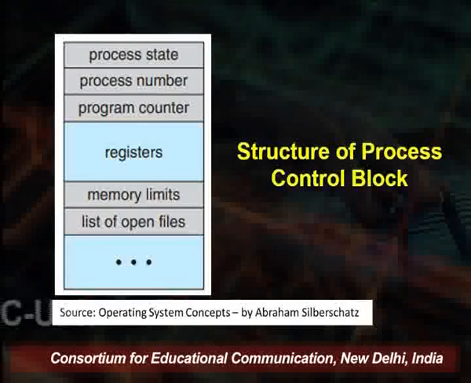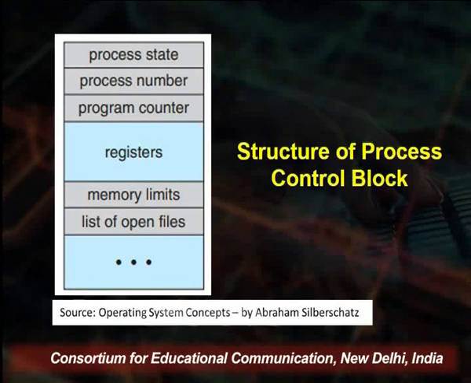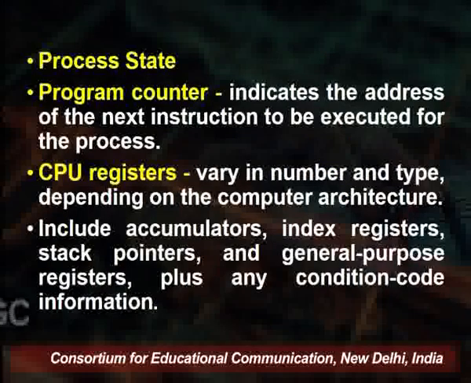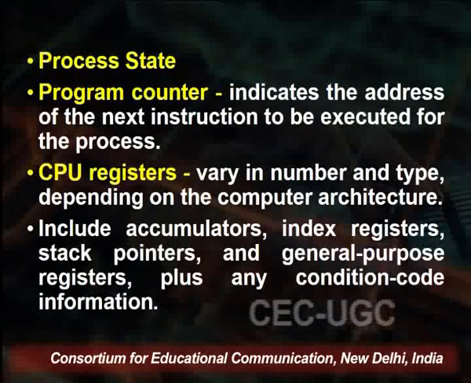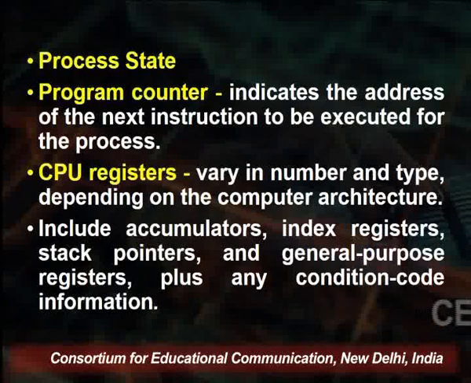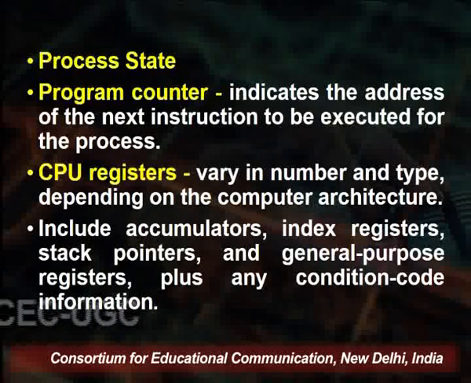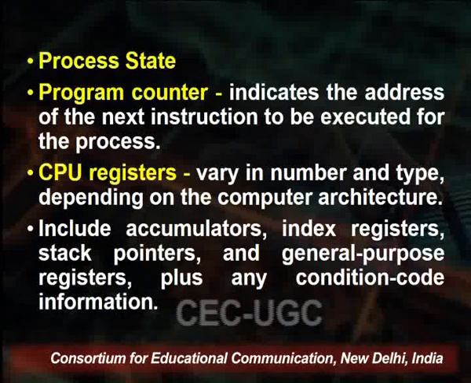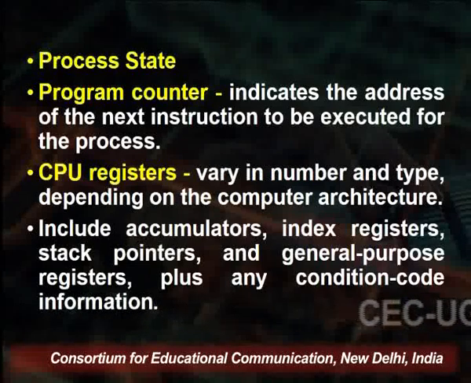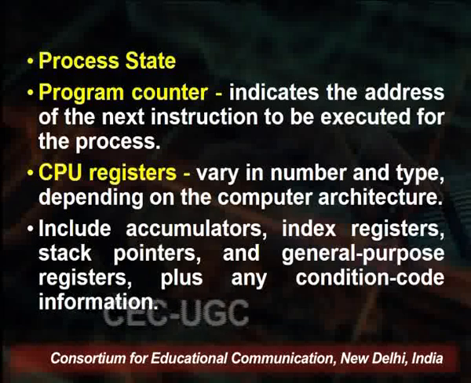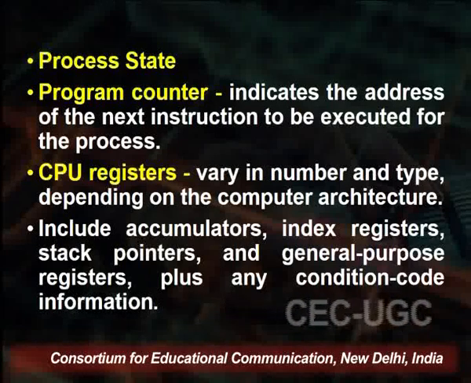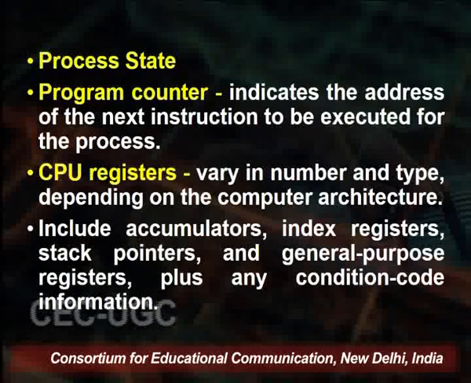After the program counter, the figure shows registers. Here I am talking about CPU registers. These CPU registers vary in number and type depending upon the computer architecture. Each computer, based on its architecture, may have different types and numbers of registers, but generally they include accumulators, index registers, stack pointers and general purpose registers, plus any condition code information.